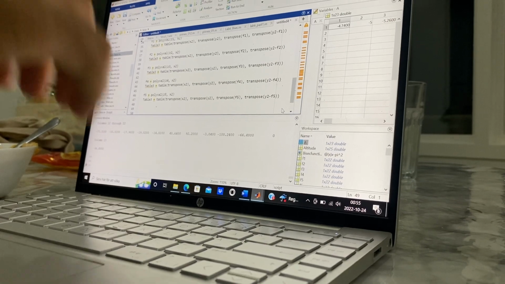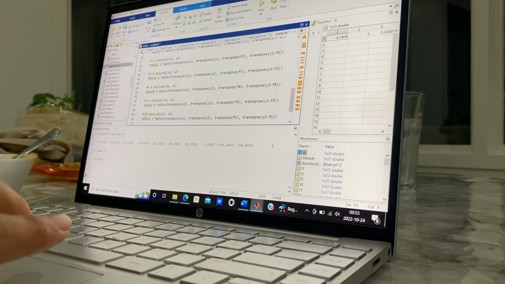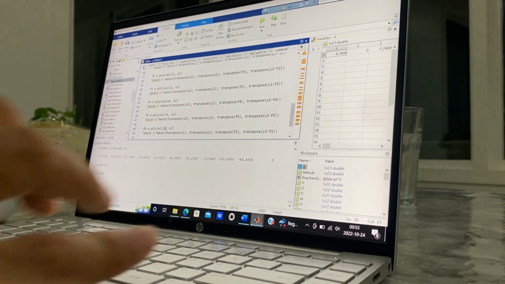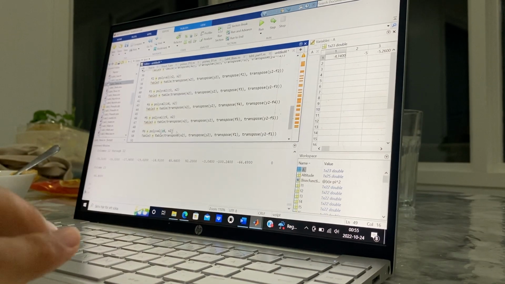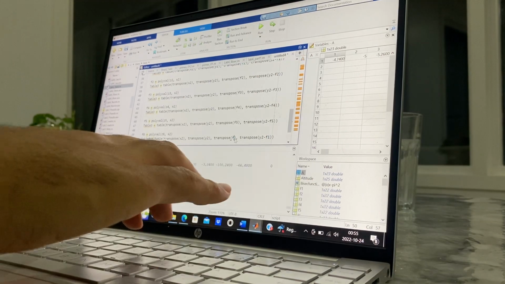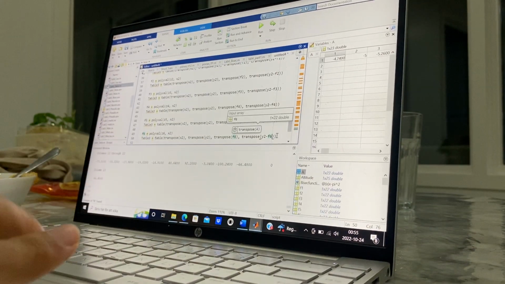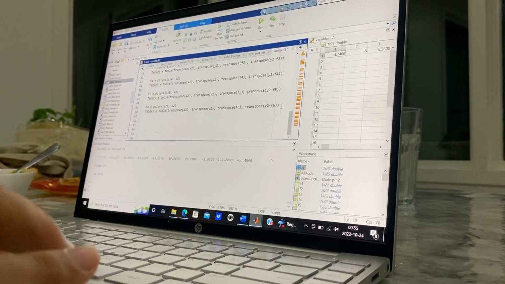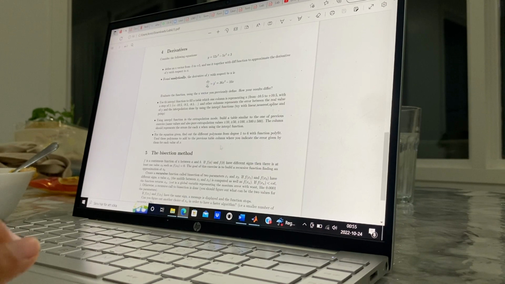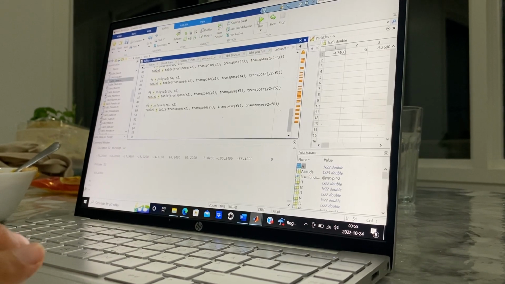And the last one here is the f6. This is the last table, and we have f6 here, y2 minus f6. So I think I'm done here. Yes, I'm done. So I'm gonna run it now.